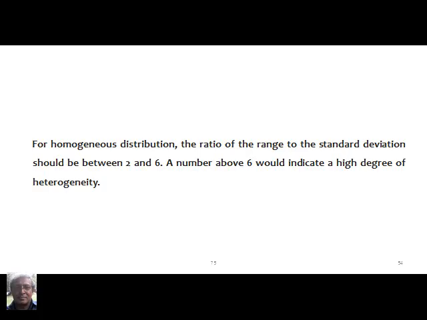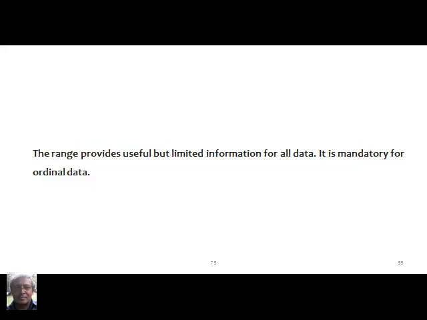For a homogeneous distribution, the ratio of the range to the standard deviation should be between 2 and 6. A number above 6 would indicate a high degree of heterogeneity. The range provides useful but limited information for all data. It is mandatory for ordinal data.